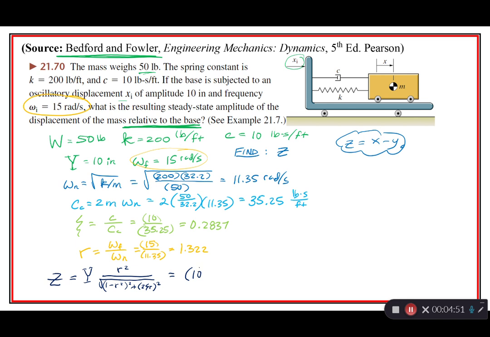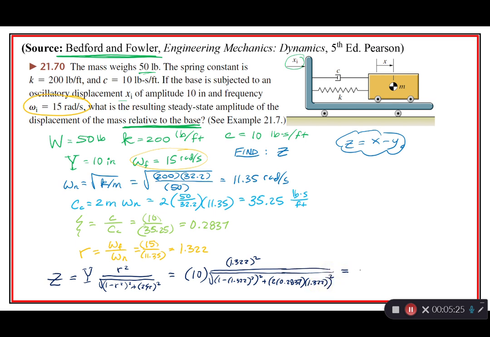It was given to us in inches, so we could report the answer in inches. And because this is going to be unitless on the right-hand side, we got 1.322 squared over the square root of (1 minus 1.322 squared) plus (2 times 0.2837 and then 1.322) whole thing squared.